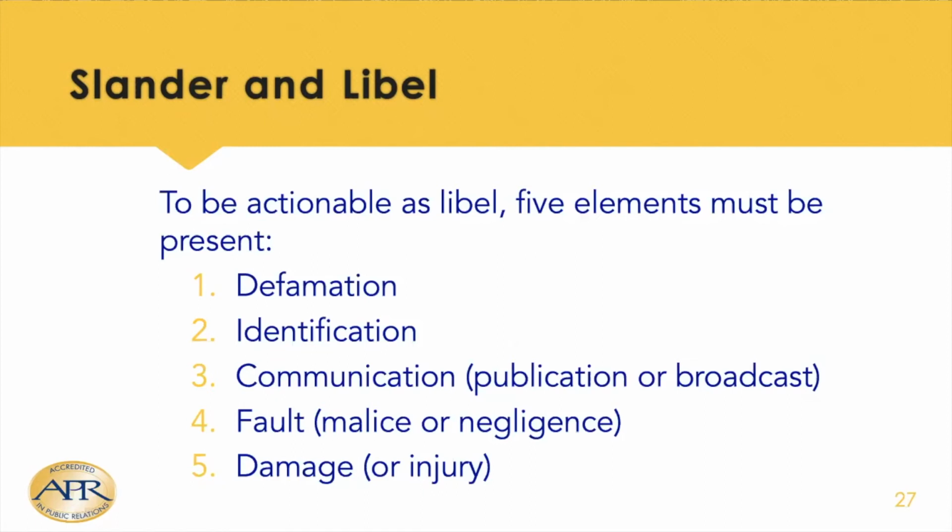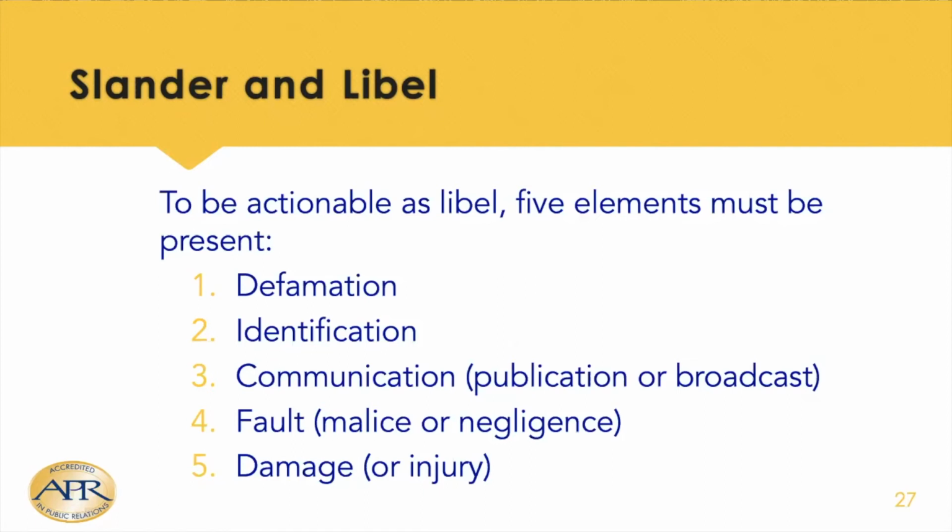You have to be able to identify the individual. I mean, if a newspaper article came out about me and I was defamed in it, I have to be identified. So something untrue was said, the person has to clearly be identified, and it had to be communicated somehow, either published or broadcast.